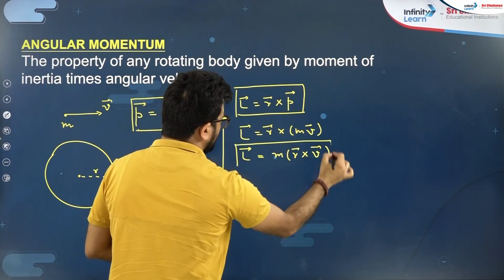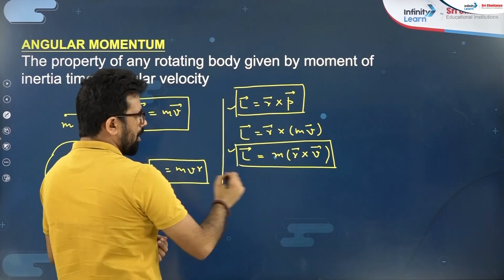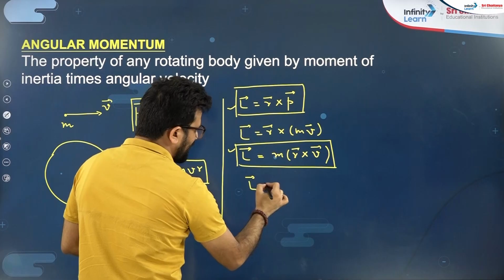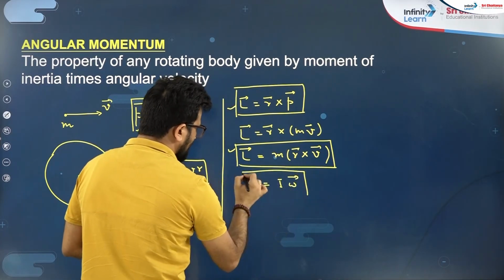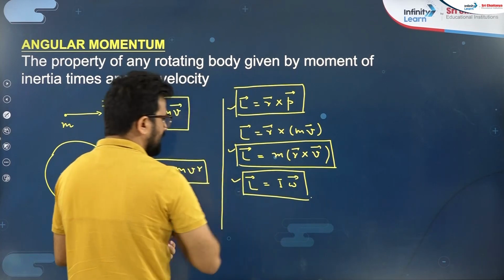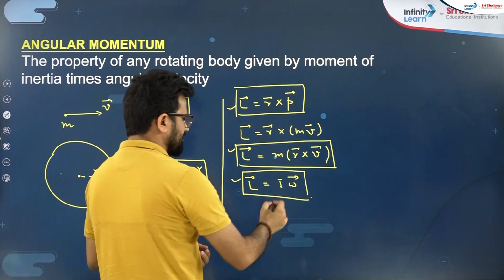Or I can say angular momentum is nothing else but I into omega. That's another way to write the angular momentum. What is this I? I is the moment of inertia.